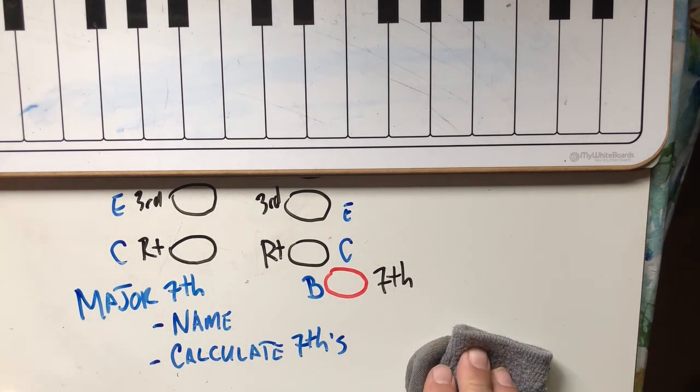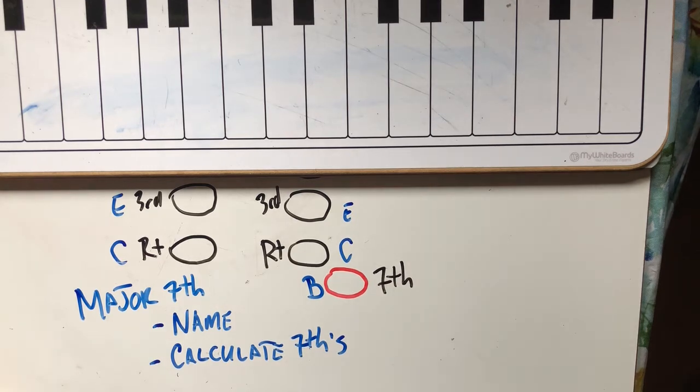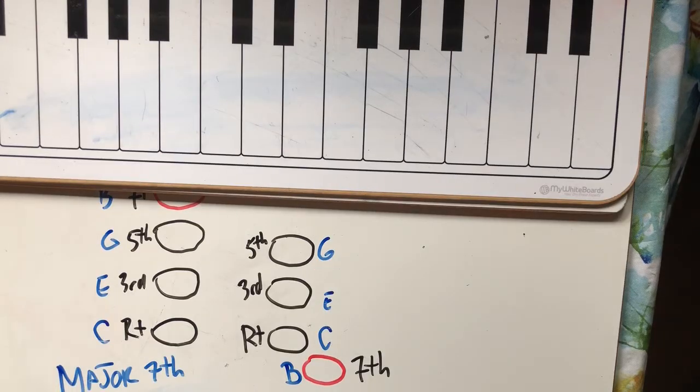We have major triads, we have major scales, and now we have major distances between notes. So a major seventh is when you go from the root down to the seventh and it's a half step down, like C to B, all right?